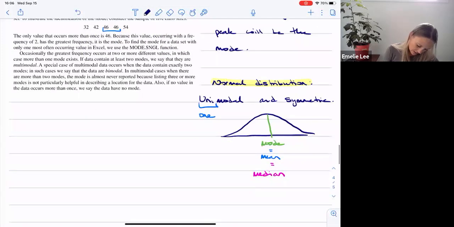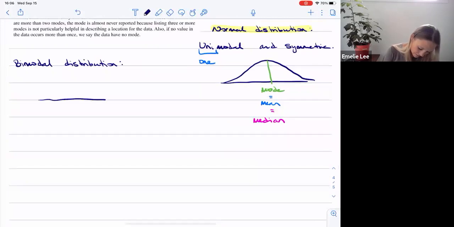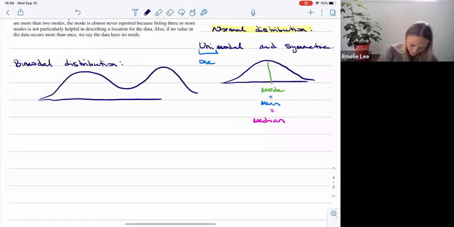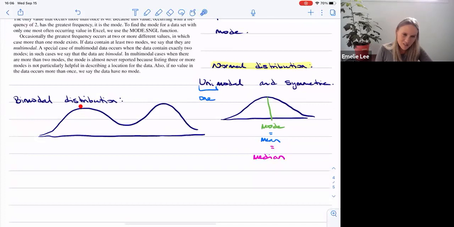So usually if you have two modes, then you have something that might look like this. So for bimodal distributions, they might not be the same height. That was by accident, but that's okay.